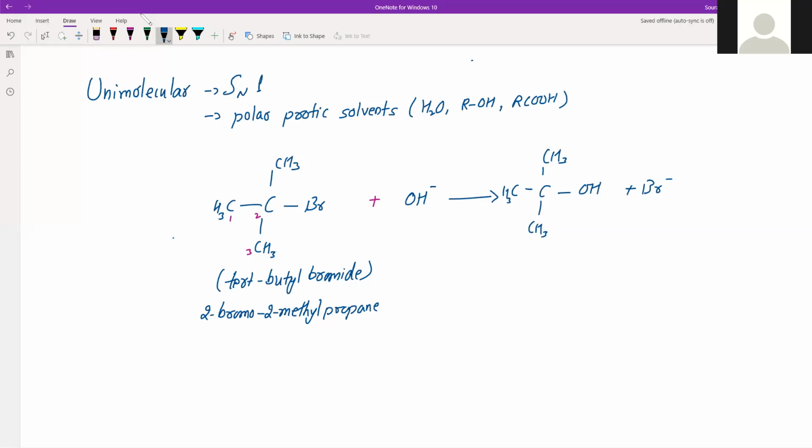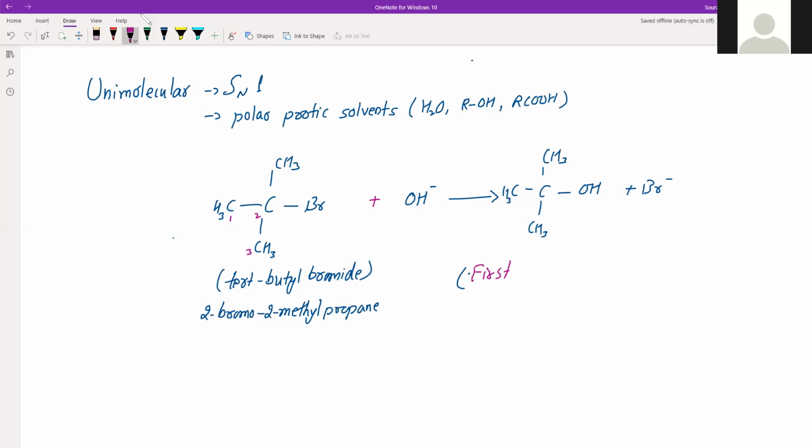Now when we analyze this, we see that it actually follows first order kinetics. So here it's not a second order reaction, this is actually a first order reaction. How do we know that? I think in the chemical kinetics class we have seen that we analyze the data.